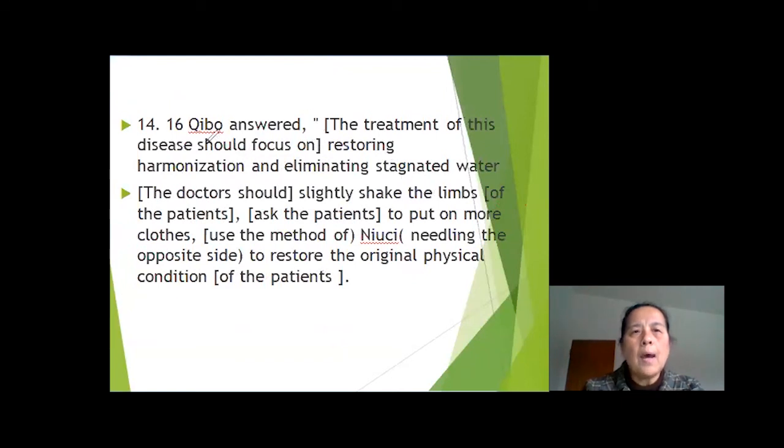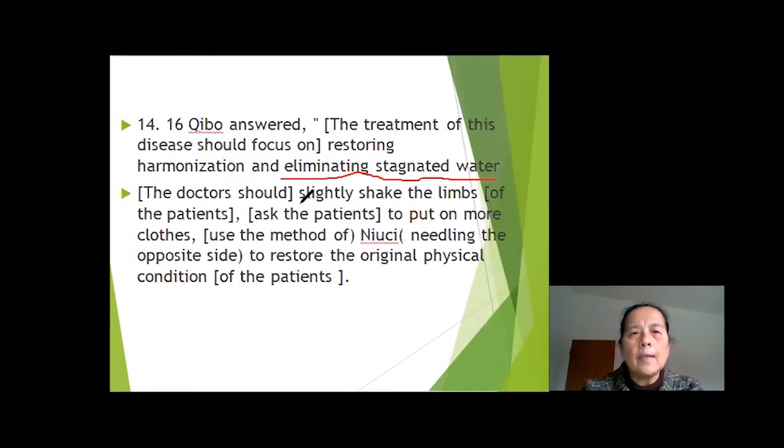Then the answer. If we try to relieve the water retention and eliminate stagnation of the water, we include the patient's condition.